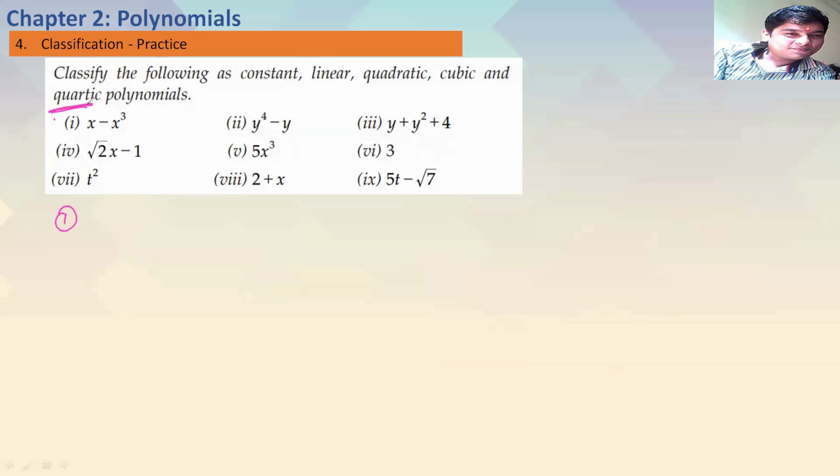Second one, quartic or biquadratic. Quartic. Okay, next. Quadratic. Okay, next.